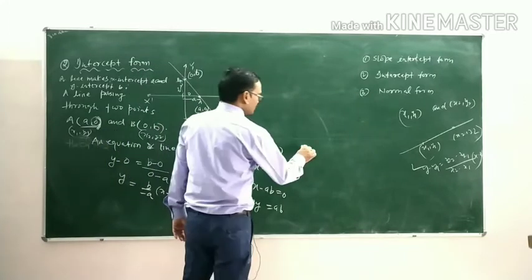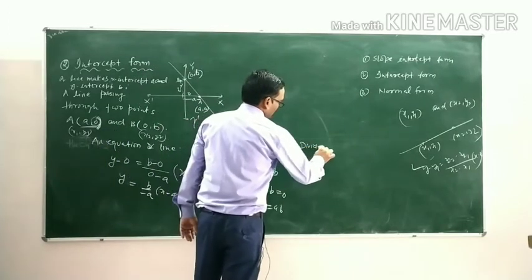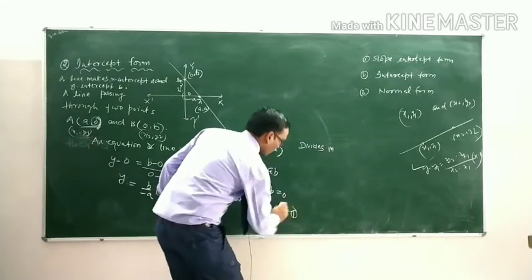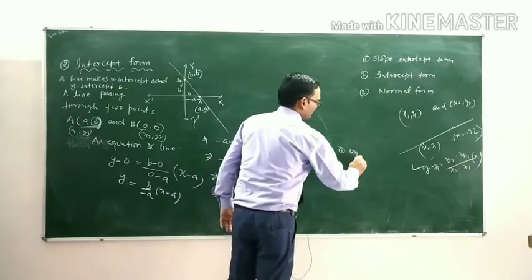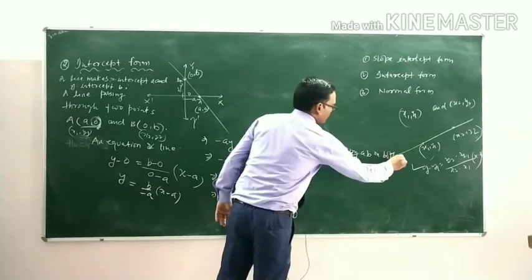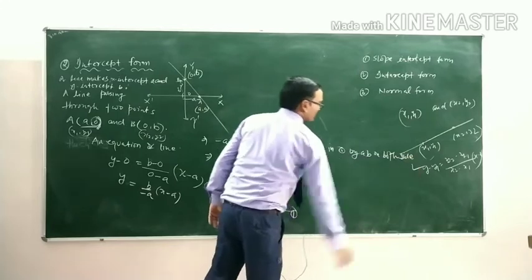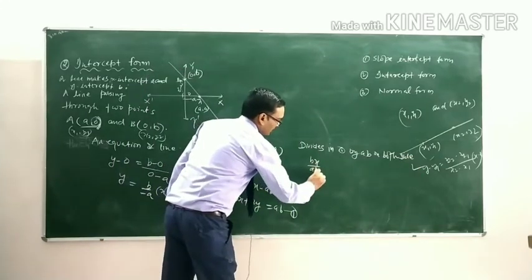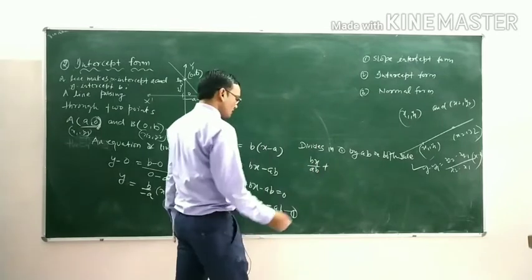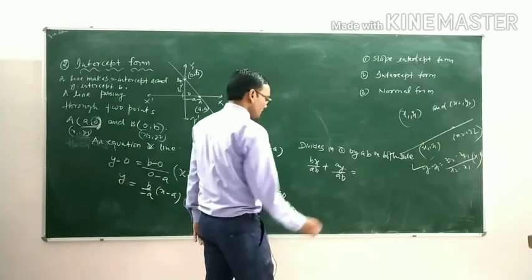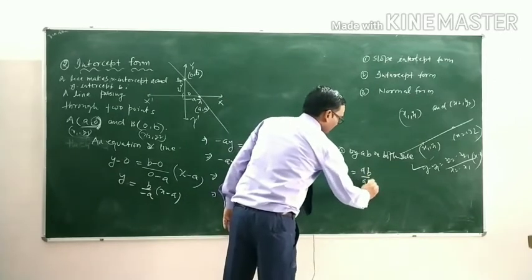We divide by ab on both sides of the equation. Okay students, we get bx upon ab plus ay upon ab equal to ab upon ab.